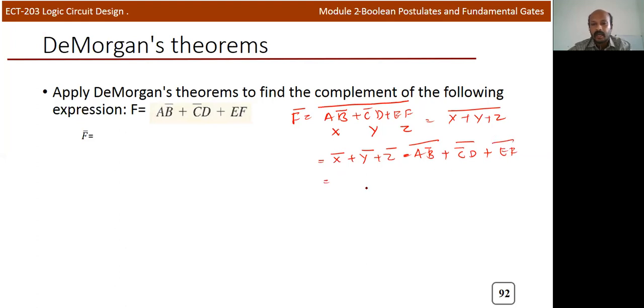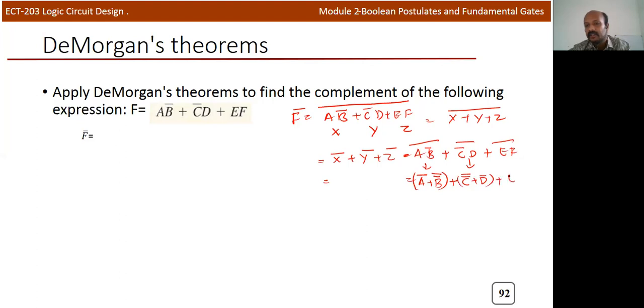Okay. And again, you can split here. It becomes a bar plus b bar the whole bar. Okay, not the whole bar, again one more bar. Plus, again you can split this term c bar d, c bar is there, again you need to put a bar, and the operation becomes or, and b.